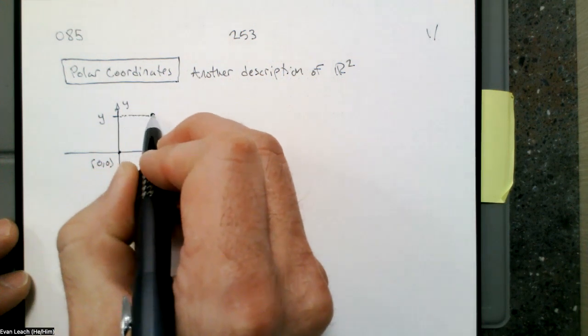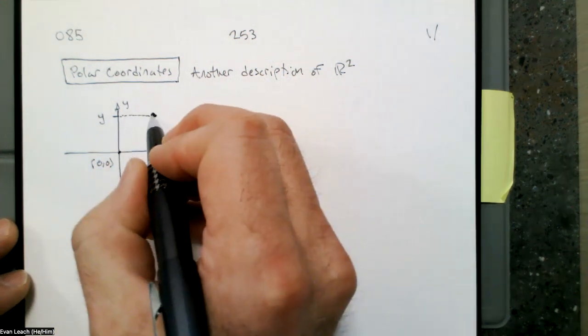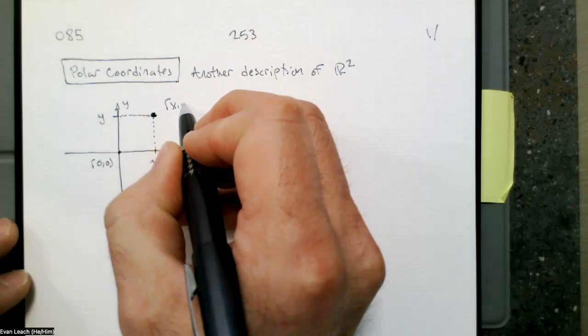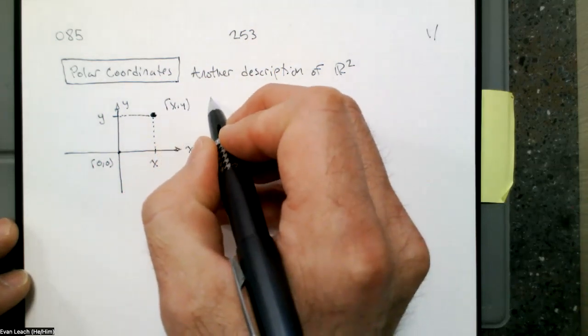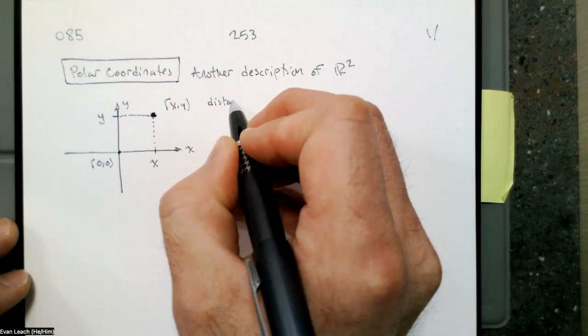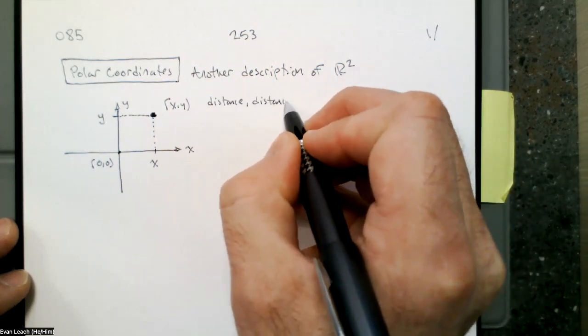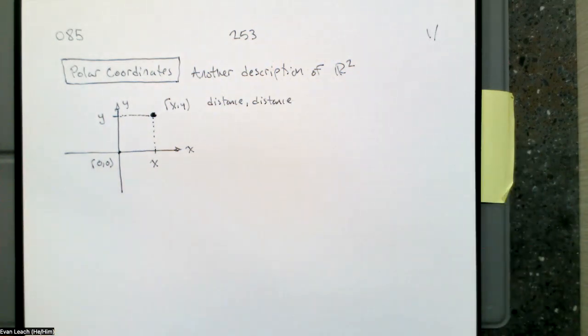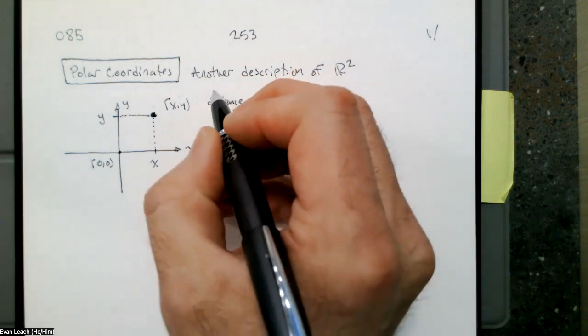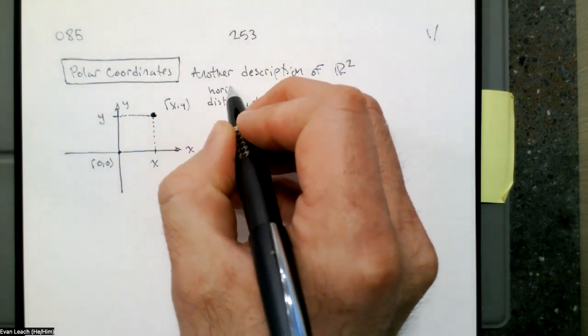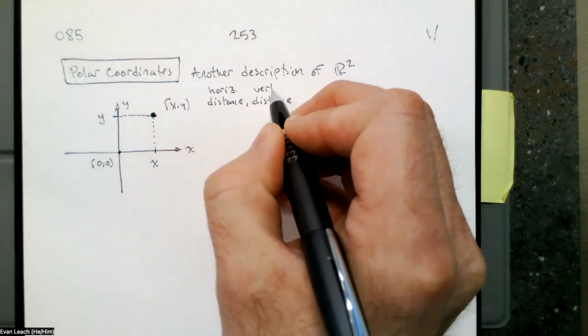So this point is described with two distances. So we have two distances, one horizontal, one vertical. This is the rectangular coordinates that we're first introduced to. This is the first way that we describe R2, with a horizontal distance and a vertical distance.